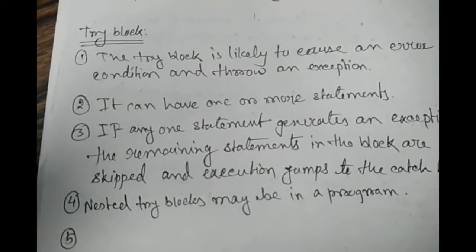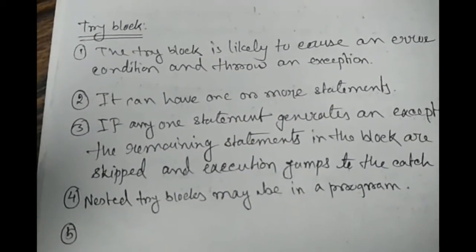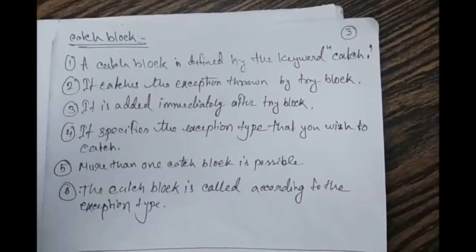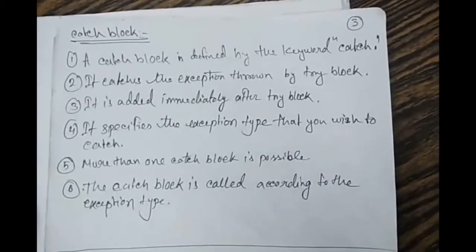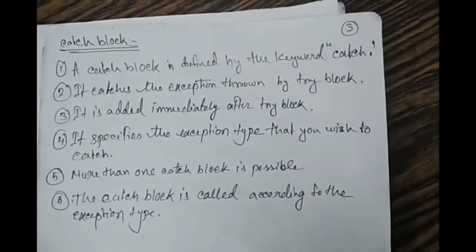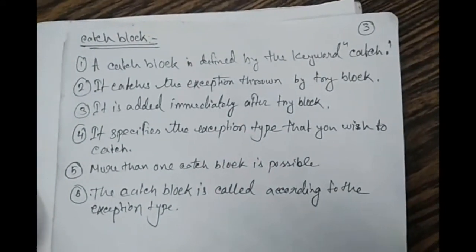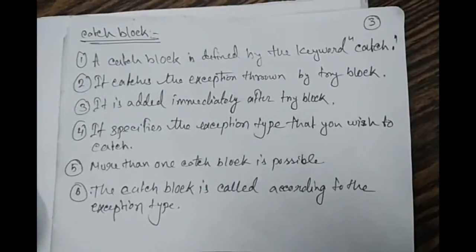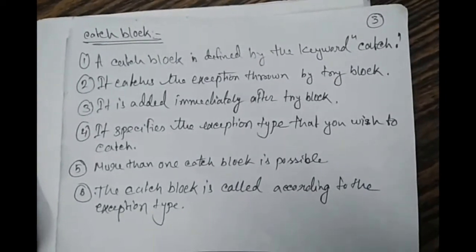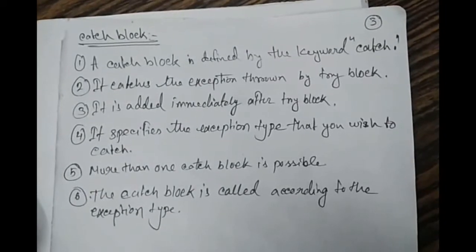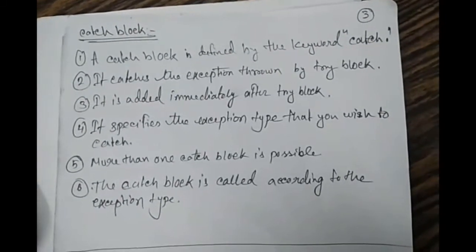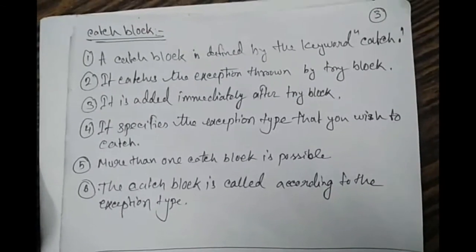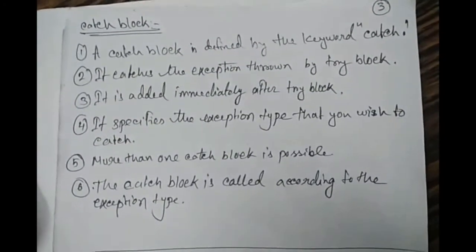We can also have nested try blocks in a program. Now what is a catch block? A catch block is defined by the keyword catch. It catches the exception thrown by the try block. It is added immediately after the try block. It specifies the exception type that you wish to catch.